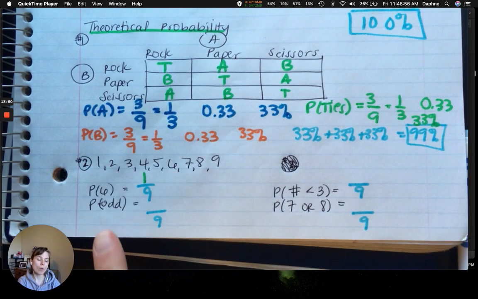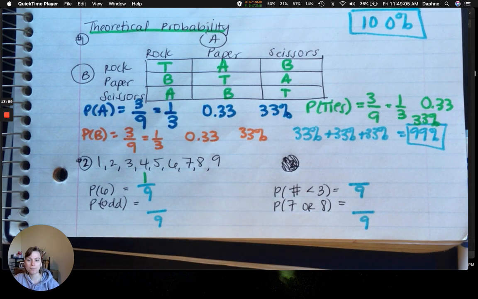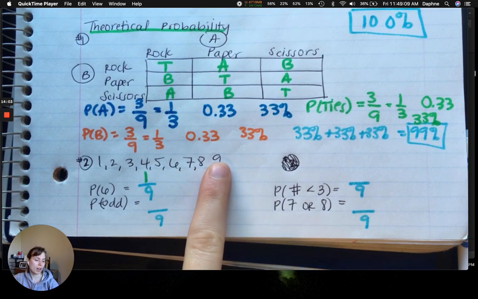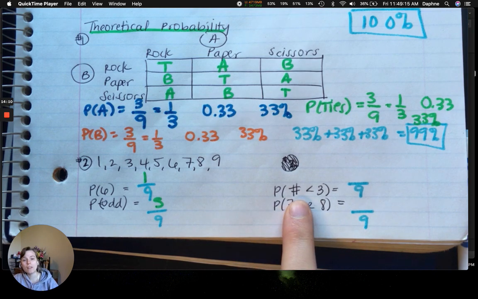Going through this again, what's the chance of drawing an odd number? If you draw from this hat, how many of these are possibilities of being an odd number? There's 1, 2, 3, 4, 5. 5 of these are odd numbers. What's the probability that it's a number less than 3?